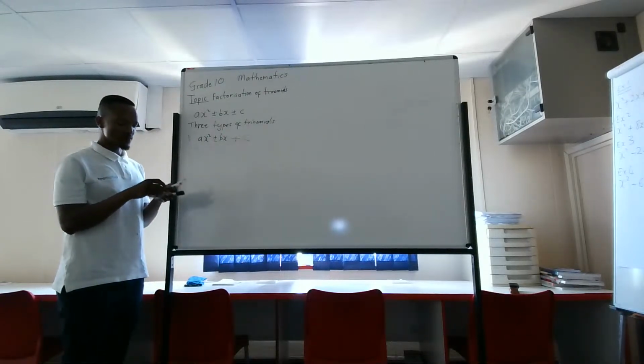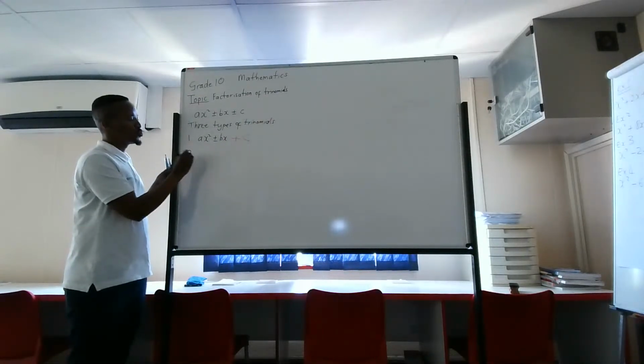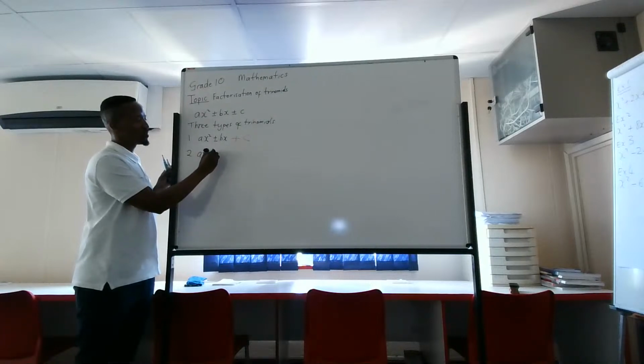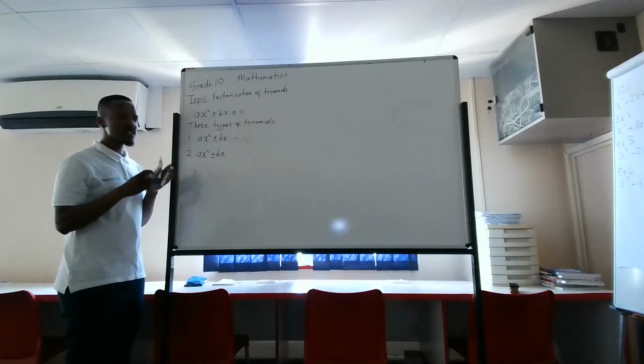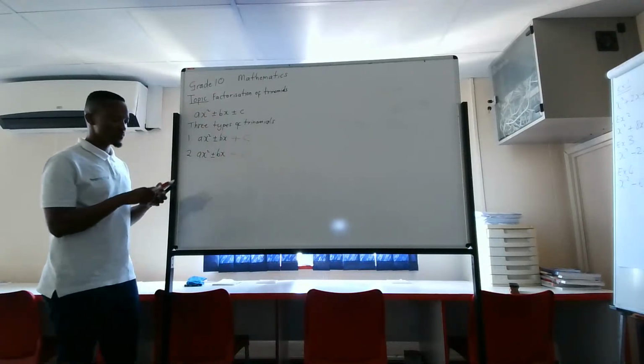The last term is positive. It will always be positive. Type number 2, ax squared plus or minus bx minus c. Our last term is negative.